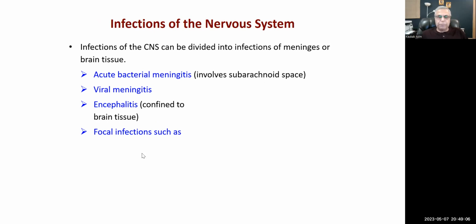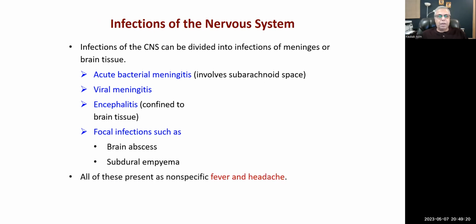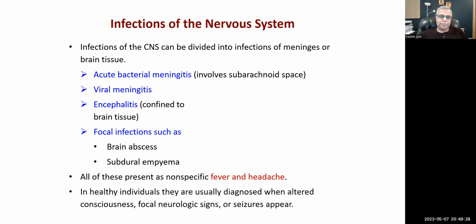And we can get focal infections such as empyemas, brain abscess, subdural empyema. It is a localized place in the subdural space. It does not involve the whole of the subdural space. And all of these, including meningitis, they present as non-specific fever and headache.